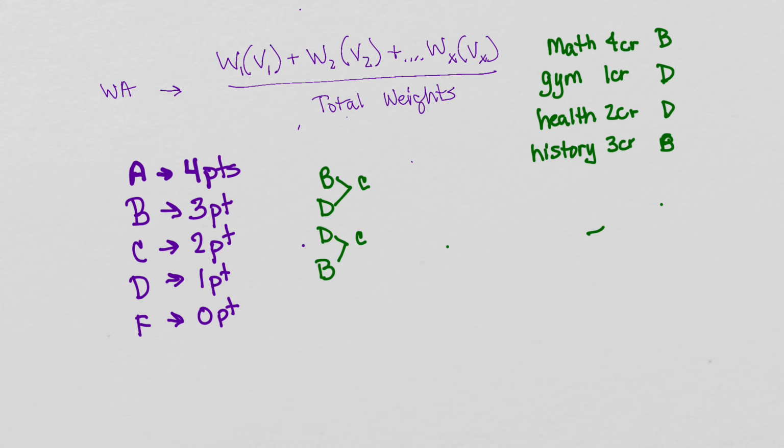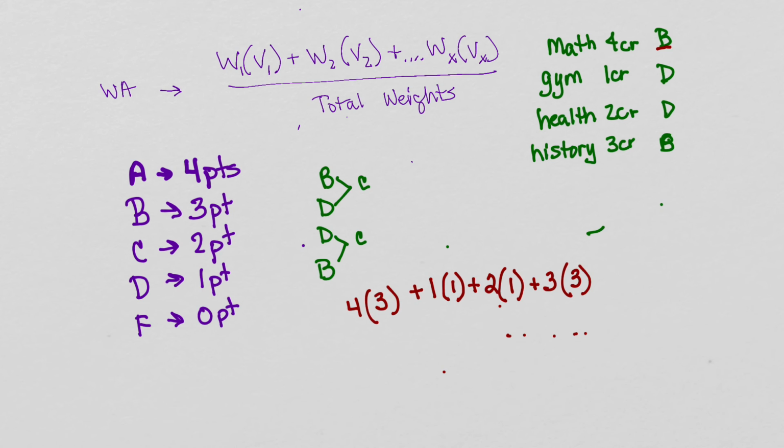So we're going to take our first weight, which is 4 credits, 4 times our B, which is 3 points, plus our D, which is 1 point, times 1 credit, plus our health, which is 2 credits, times our 1 point, plus our history, which is 3 credits, times our B, which is 3 points.